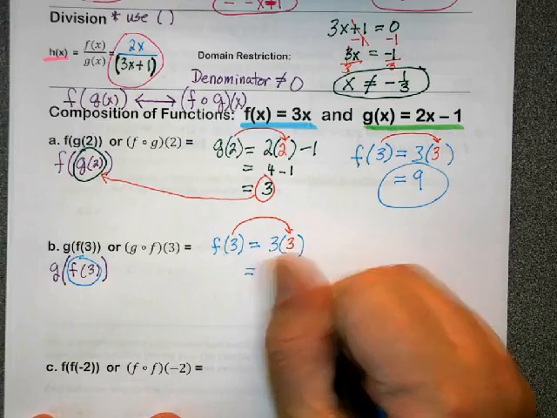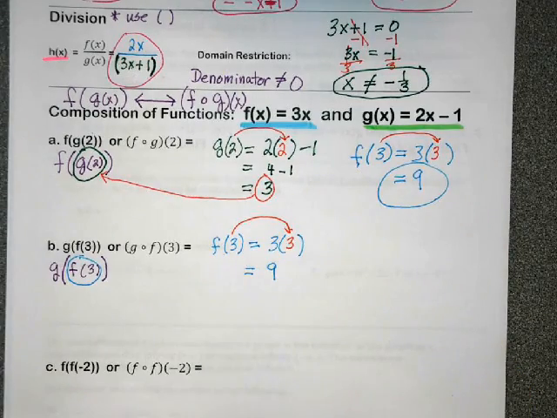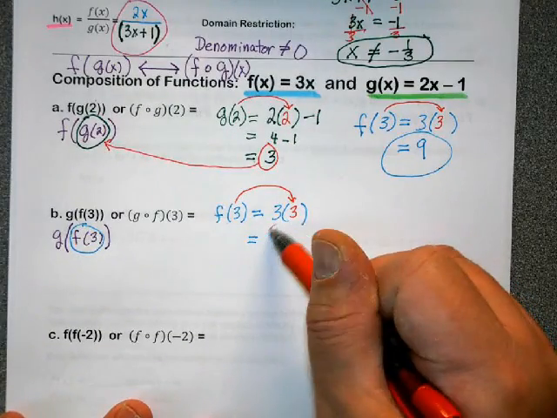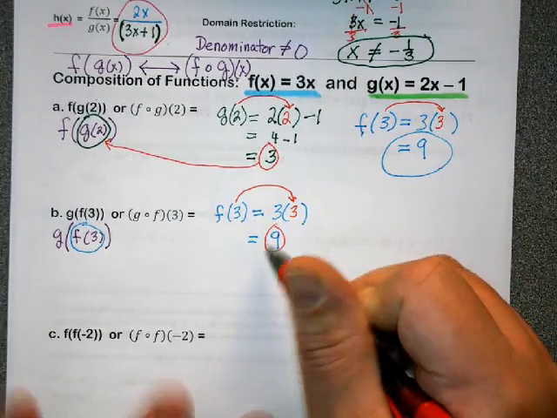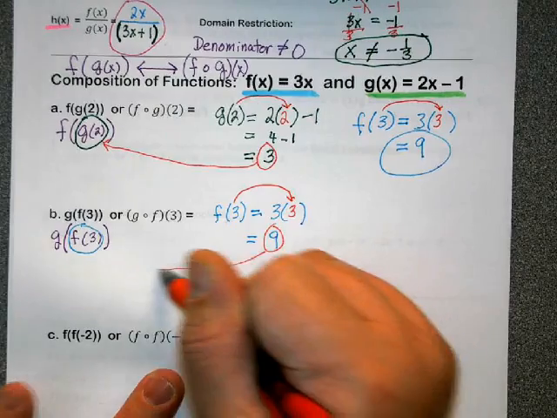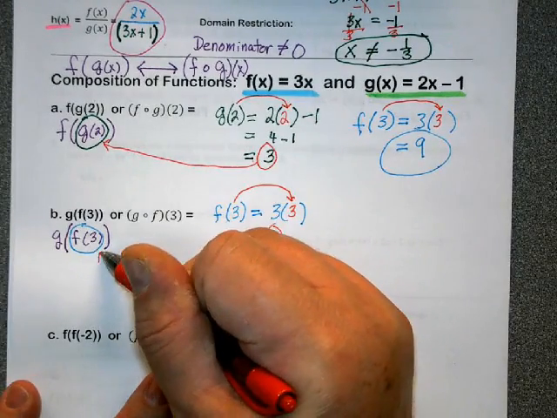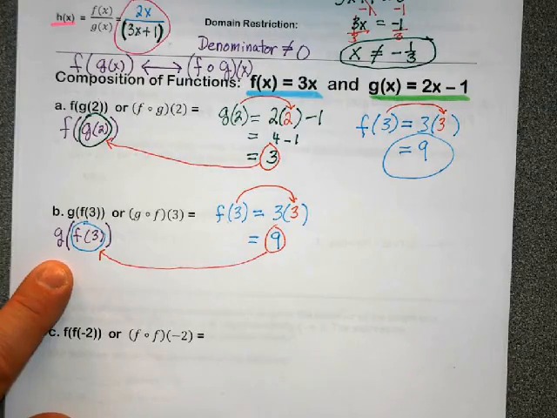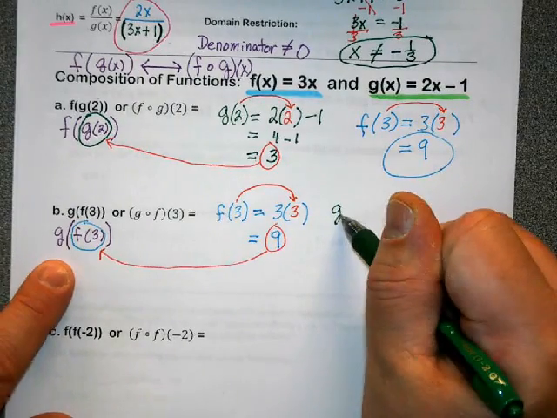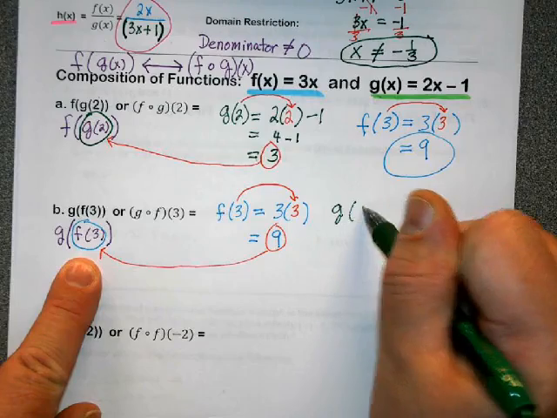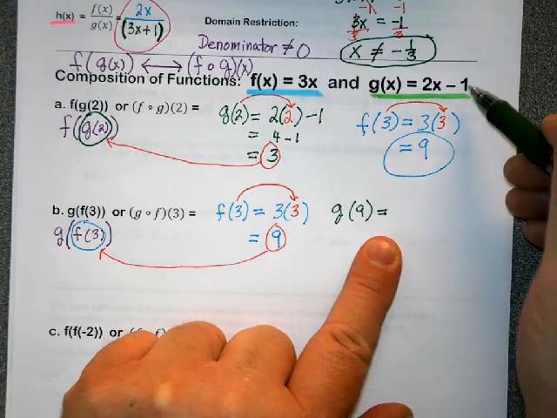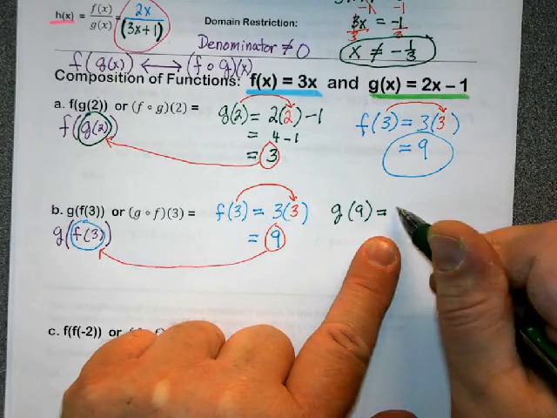So then I'm going to take that 9, substitute it in for the f of 3. That gives me the g of 9. So I go back up here, grab my g function, 2 times x minus 1.